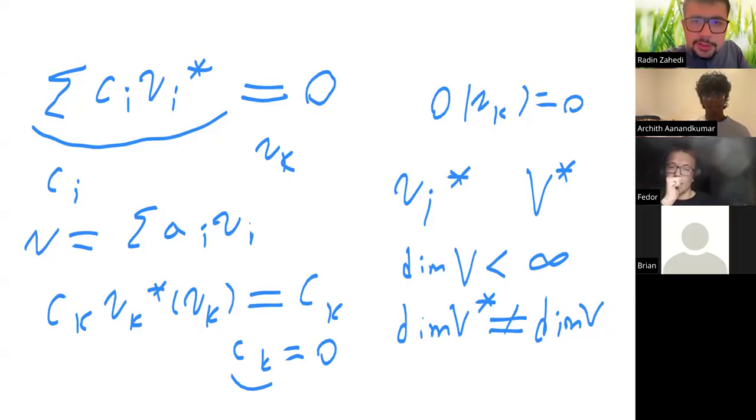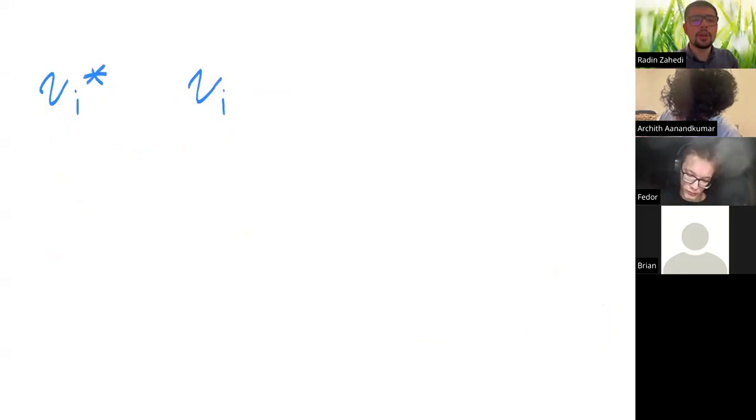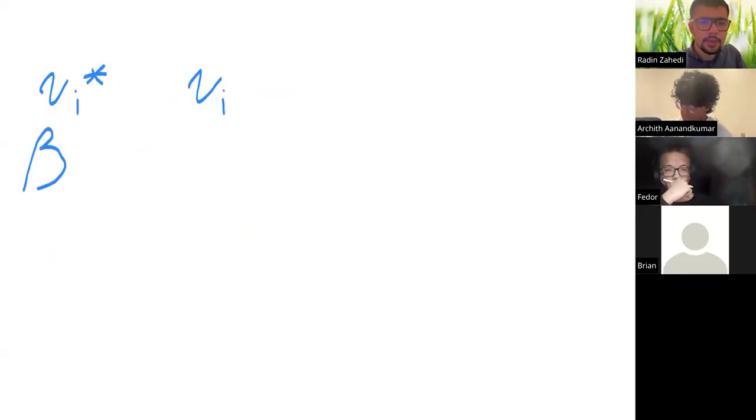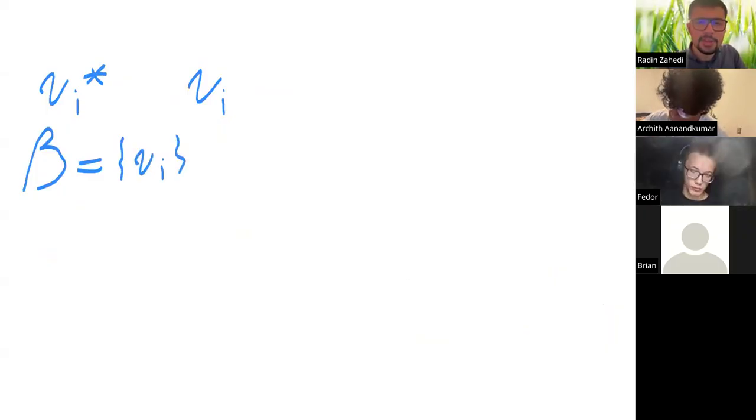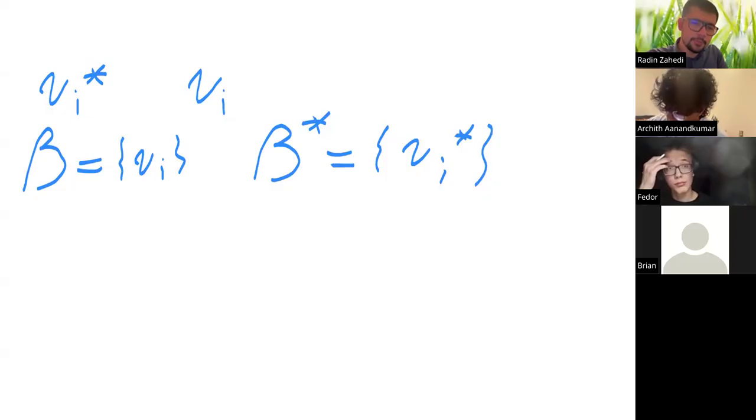Now, the vi stars we constructed based on these vi are called a dual basis. So for each basis B consisting of vi, we define the dual basis of all these vi stars, and then there was an isomorphism linking each element of V to each element of V star.